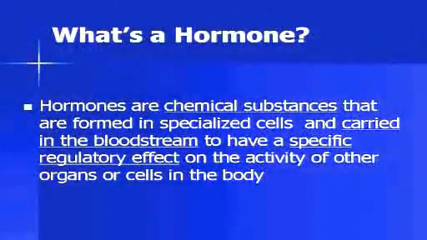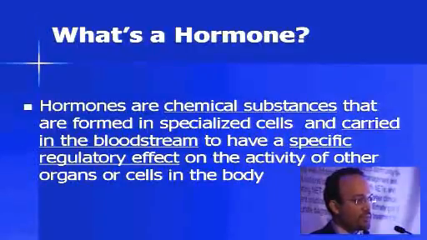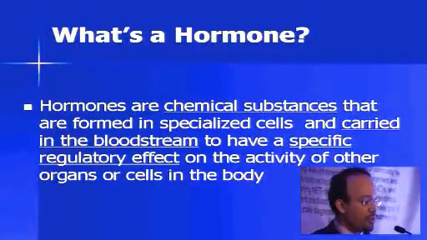Again, very basic. What's a hormone? Hormones are chemical substances that are formed in specialized cells, and are carried in the bloodstream to have specific regulatory effects on the activity of other cells, usually in distant places in the body. So very important, the hormones usually use the bloodstream, and they travel to communicate with other cells.